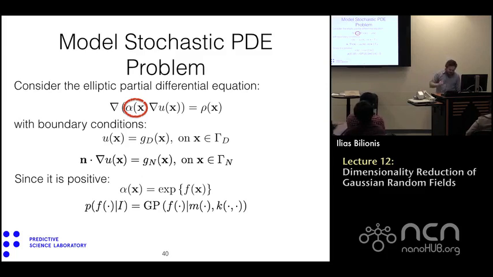But anyway, so here's how it goes. We took the elliptic PDE. We said let's be uncertain about the conductivity field or the permeability field or whatever your application is. Let's be uncertain about A. A is positive, so let's model it as the exponential of something, and let's make that something a Gaussian process. And let's think hard about how we pick the parameters of the Gaussian process.